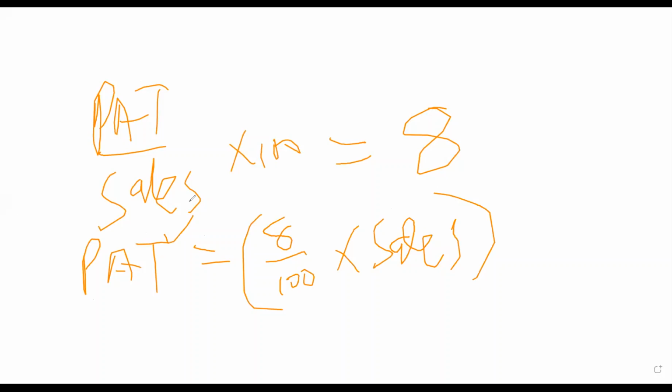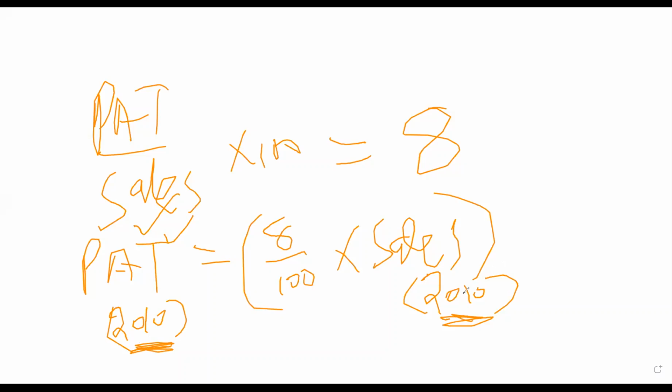That means we shall take 8% of sales for 2010. You are forecasting profit after tax for the year 2010, so 8% of sales of that year.